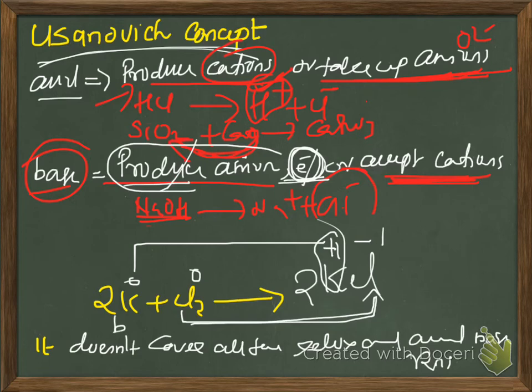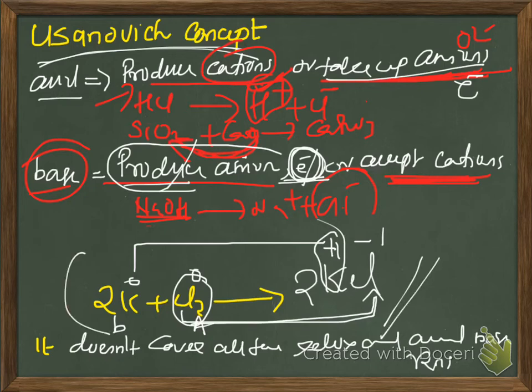So potassium is a base because in this reaction potassium donated an electron and Cl2 accepted the electron, that is, took up an anion or electron. So it is an acid. So this reaction can be explained only in the Usanovich concept. This concept does not cover all the redox reactions and acid-base reactions. That is the demerit or limitation of this concept.